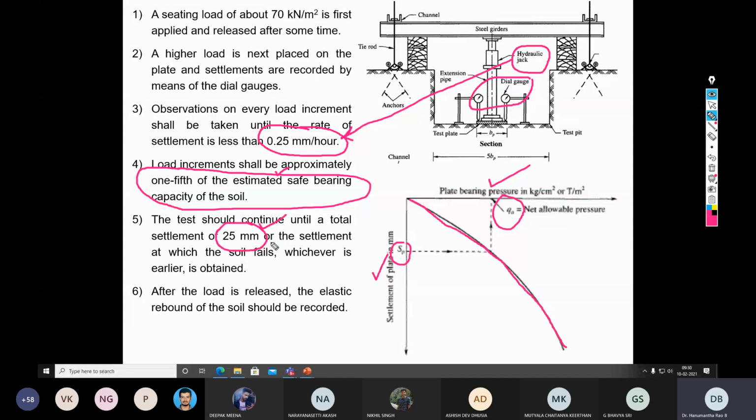For example, in this case, my permissible settlement is 25 millimeter. So corresponding to 25 millimeter settlement, draw a horizontal line onto the graph, and from there draw another vertical line onto the x-axis, which gives the allowable bearing pressure on the soil. So this is how the allowable bearing pressure by resorting to the plate load test will be determined in the field.